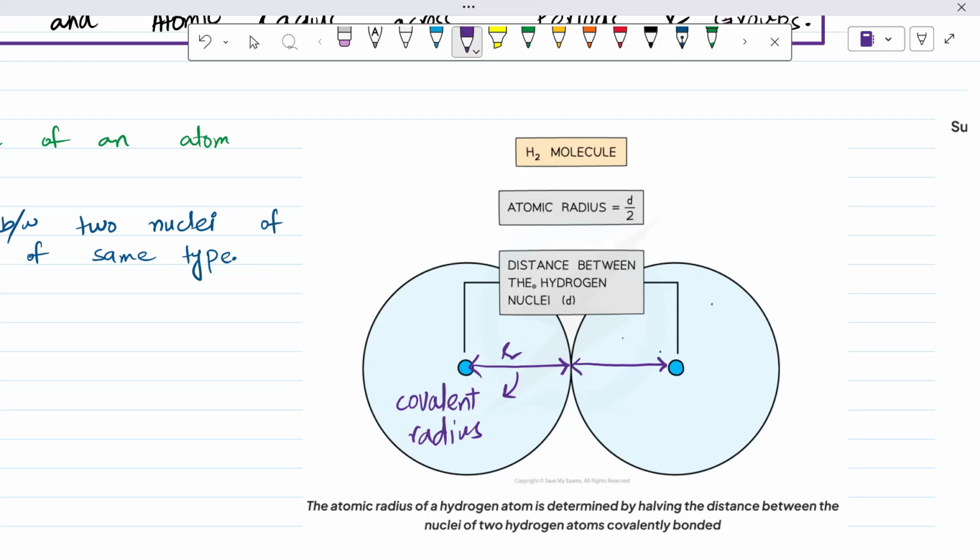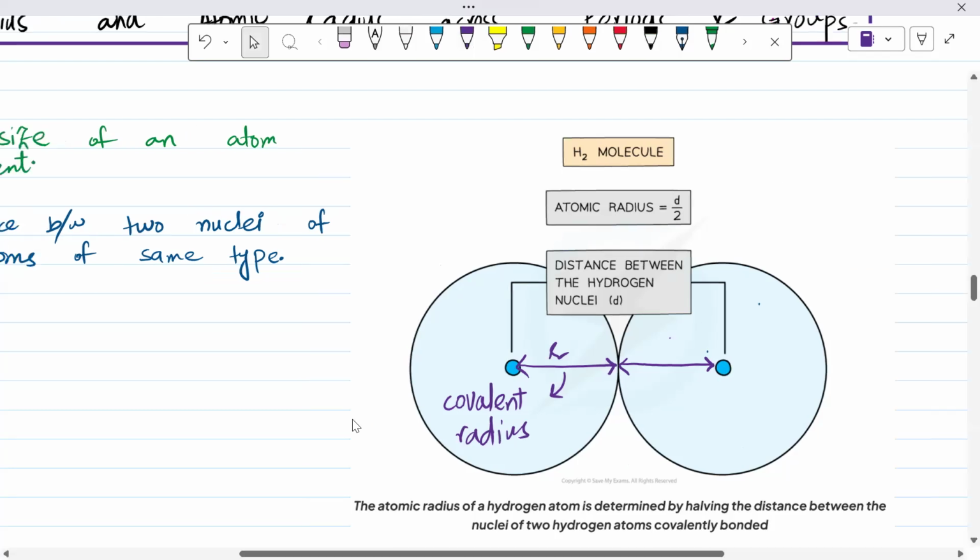When the same type of atoms bond together, the most common bonding type is covalent bonding. Clear? In the same type of atoms, when they bond together, there is covalent bonding.